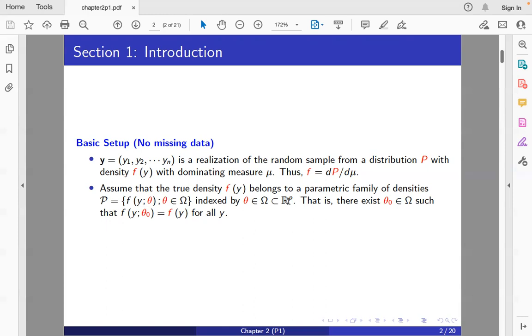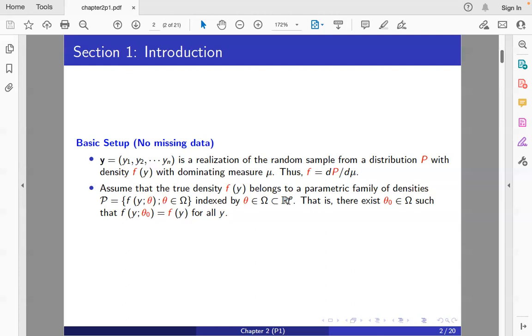In some modern techniques, semi-parametric, machine learning, or deep learning, sometimes p increases with the sample size. The dimension of the parameter increases with sample size, and that gives a more flexible modeling.